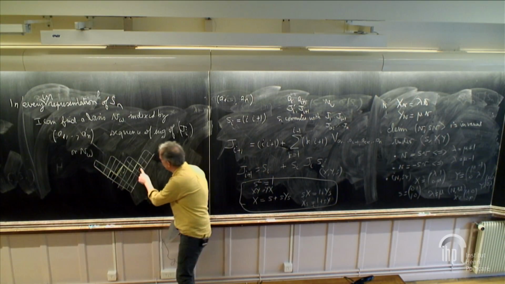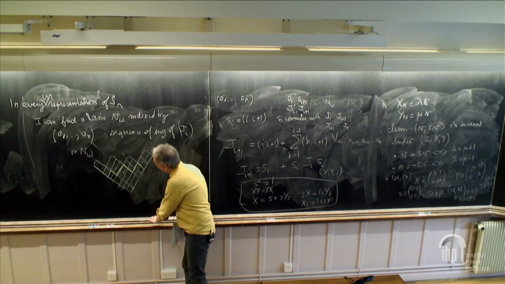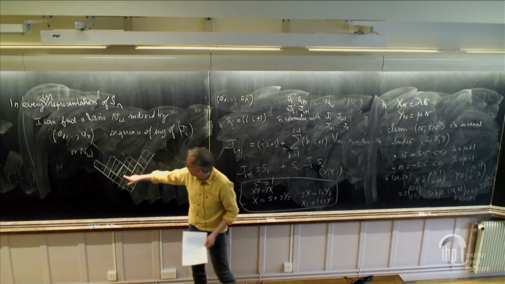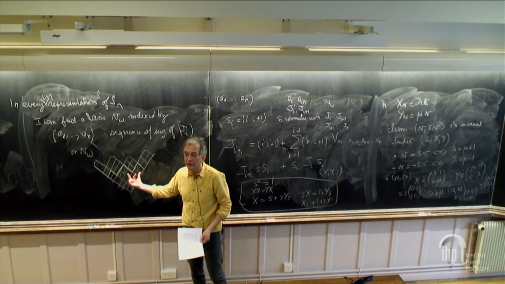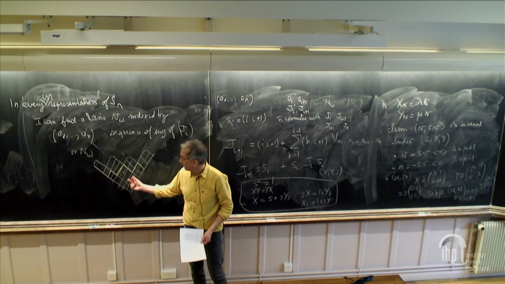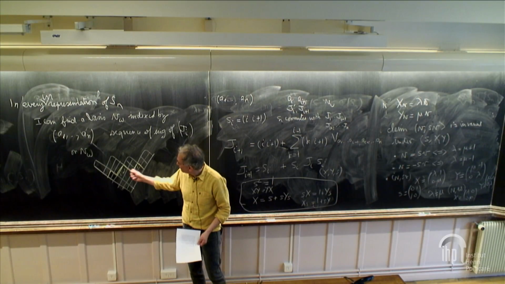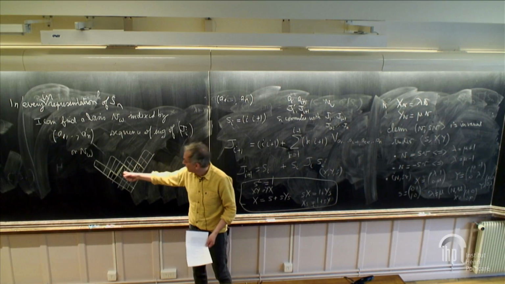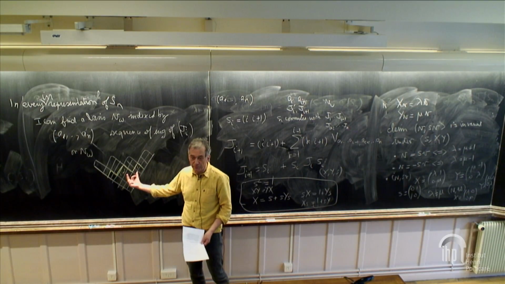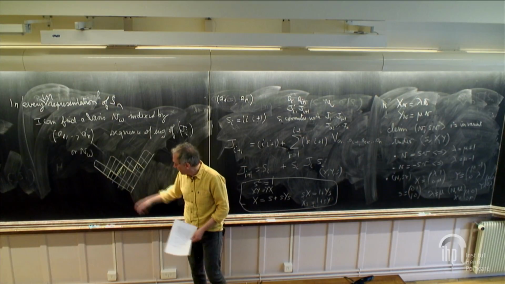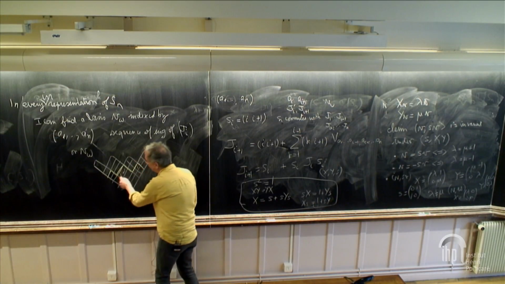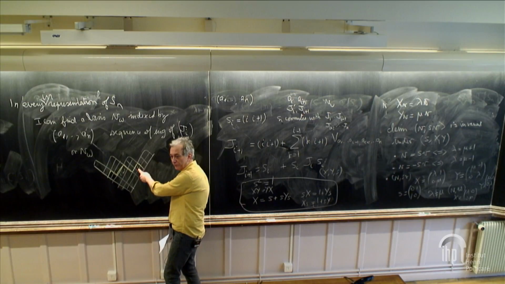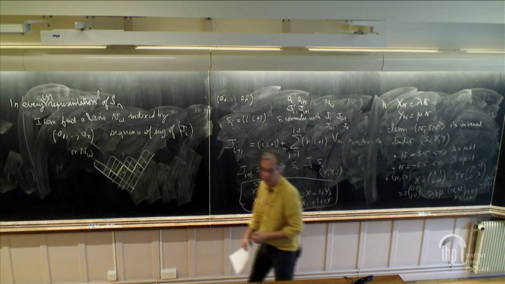Oh, sorry, yes, it must be on a corner. So there is a corner here and a corner here, and they differ by more than 1. Okay? So I had my path. I added a corner at step i, and then the corner at step i plus 1, and they differ by more than 1. Then I said that actually I could have put this one first and this one after. This is the statement here. Okay?